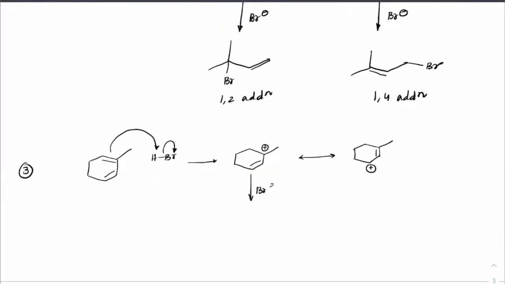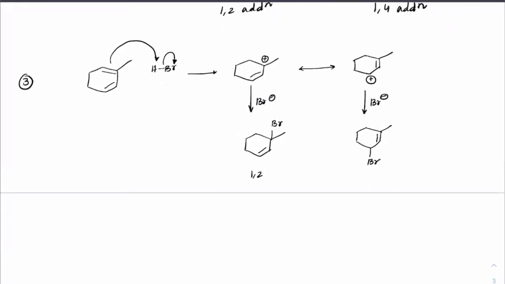Br minus can add up to get Br at this tertiary position, and if Br minus adds at the other position, then we could get Br here. Now you can see this is the 1,2 product, 1,2 addition, and this is 1,4 addition.